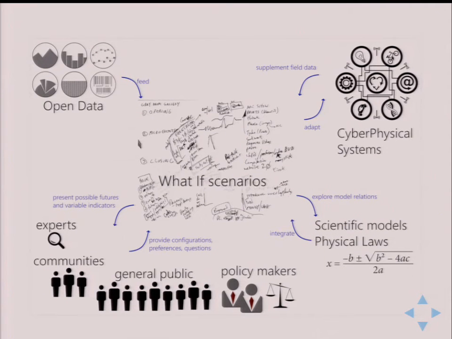Looking at the big picture, what we'd like is to use all the open data and designs from the experts, like scientific models of physical laws, and get all of this together so that we can conduct what-if scenarios.